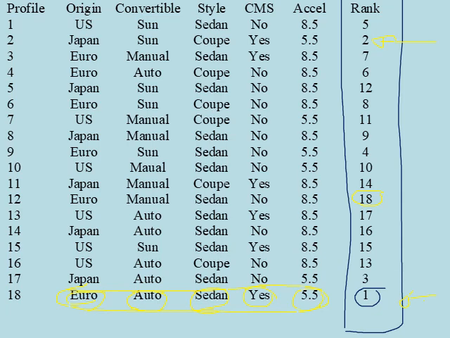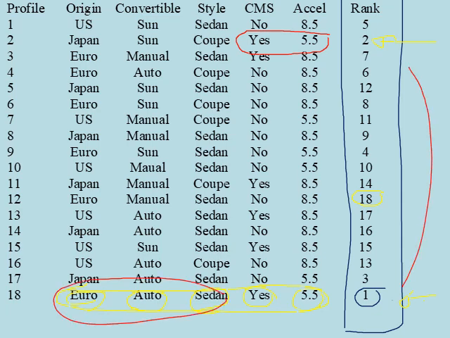Now, if you notice, what's happening is this gentleman over here wants to maintain these 2 features, so he's not willing to trade off crash mitigation system and acceleration, but he's going to be happy to trade on the other aspects from the most preferred to the least preferred one. He is willing to trade off whether it's a convertible and what style of car it is, whether it has 2 doors or 4 doors.